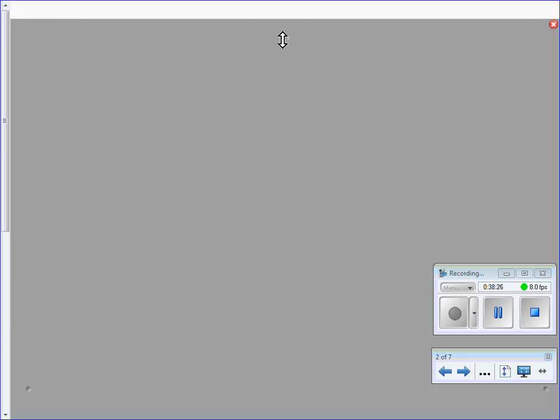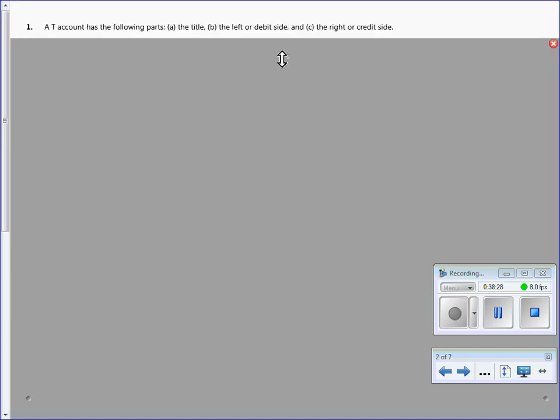A T account has a title. So whether it's cash or supplies or accounts payable, notes payable, the title of the account is in there. Each little T will have a left and right side, which now we know from the accounting perspective means debit and credit.